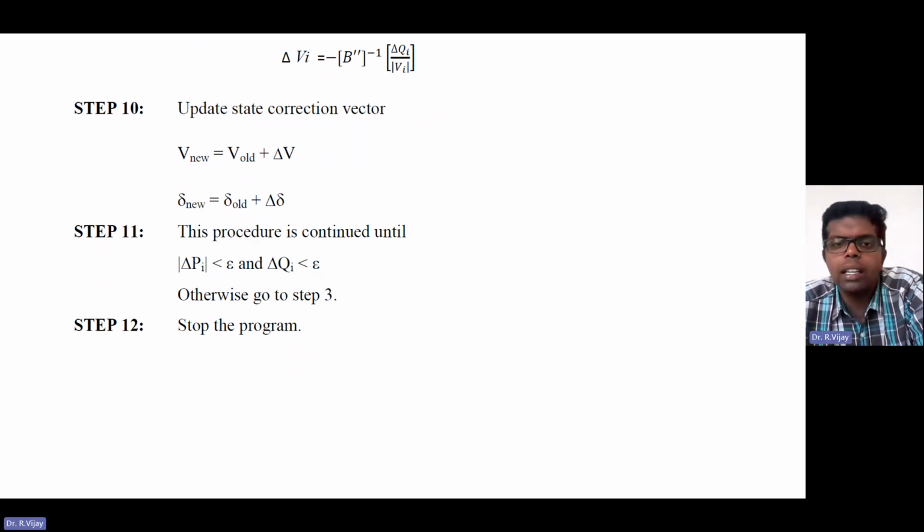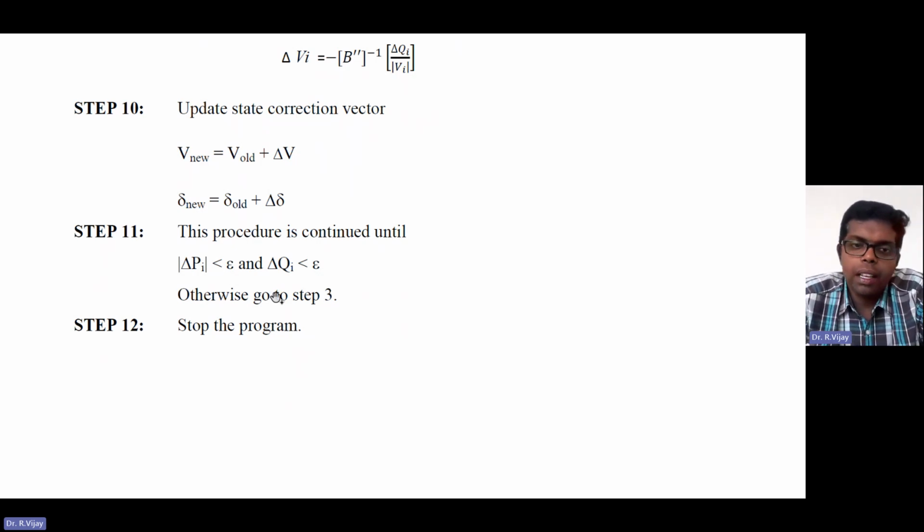It will keep on running until you stop the program. So if you give the tolerance limit, automatically the program will stop. If it compares the del P value with the tolerance limit and it is less than that, the program will stop. Otherwise, the program will run for n times.